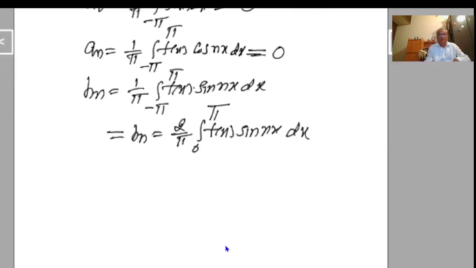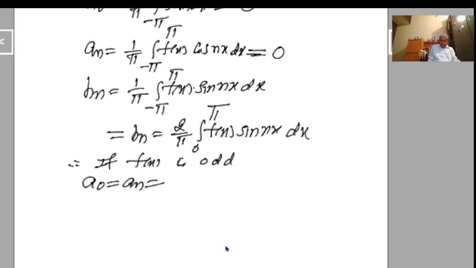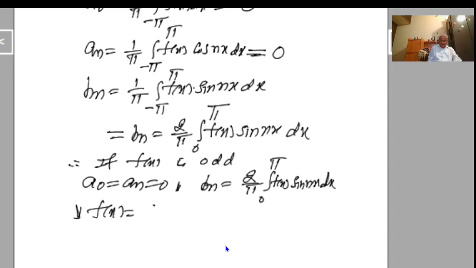So therefore, if f of x is odd, then immediately we can write a naught equal to an equal to 0, and bn equal to 2 by pi times the integral from 0 to pi of f of x into sin nx dx, and f of x is just the summation n from 1 to infinity of bn into sin of nx.